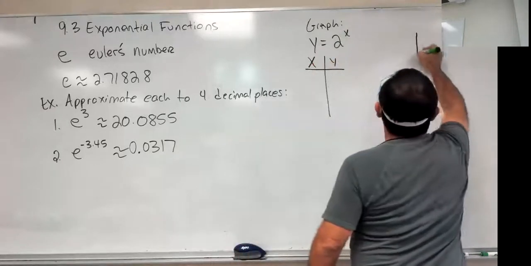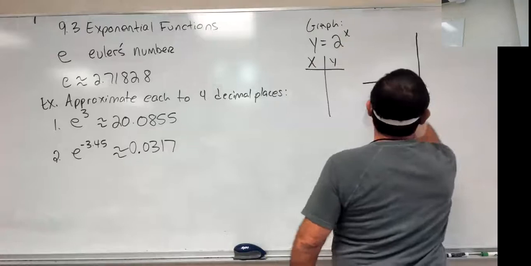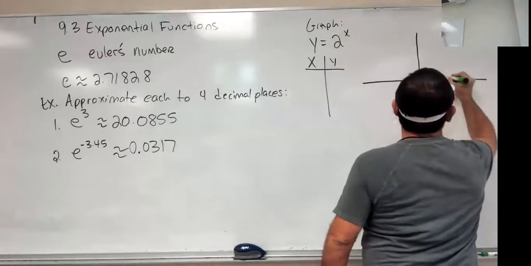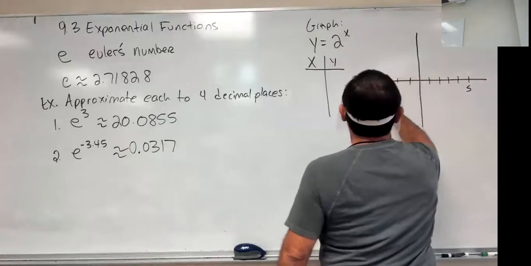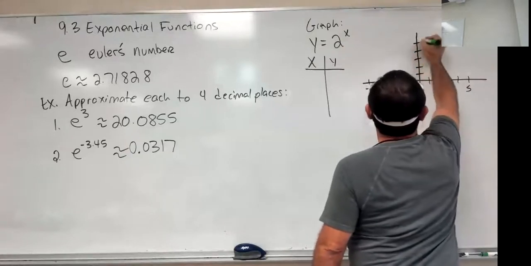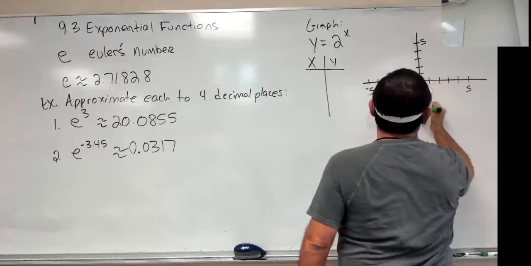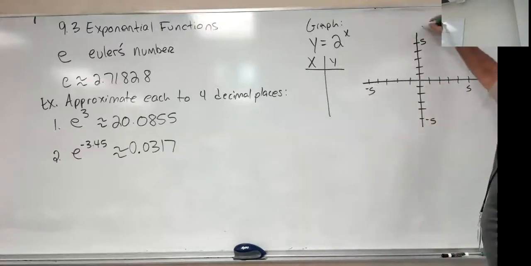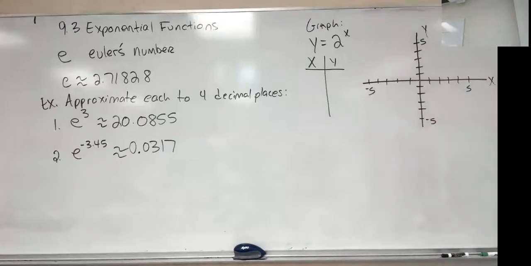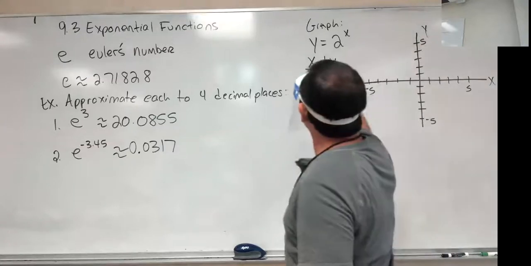And let me get a graph started here. So one number I will use every single time I graph is still going to be 0.